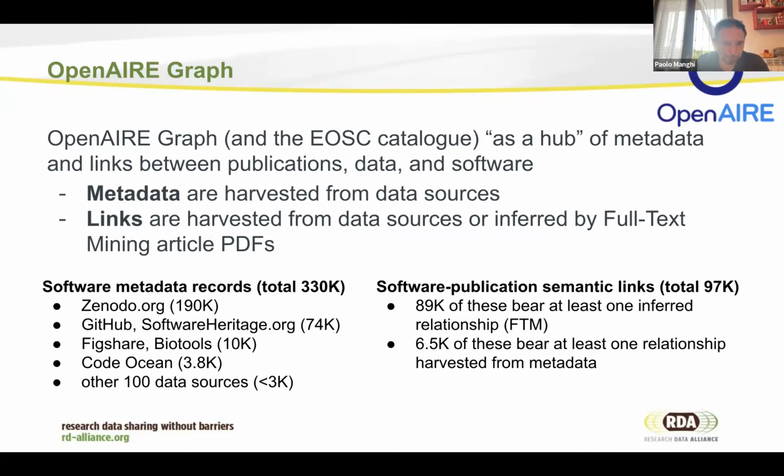As you can see, many of the publications linked to research data sets do not expose this link directly, but we rather infer it. If you look at the right column, 89,000 of the links that we are including in the graph are being inferred from research paper full text to a software repository out there.